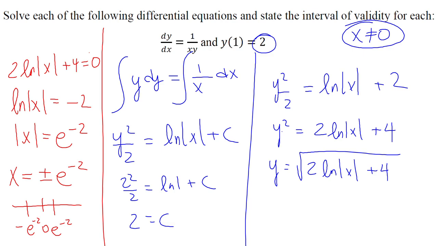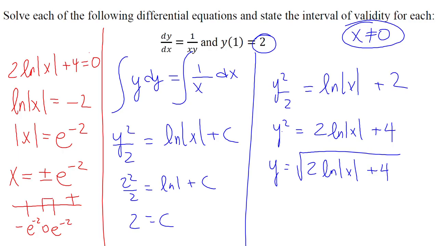So if I put in something more than e to the -2, like a billion, I get a positive here, right? 2 natural log of a billion plus 4 is clearly positive. And if I put in something between 0 and e to the -2, though, I'm going to end up getting something that is negative.